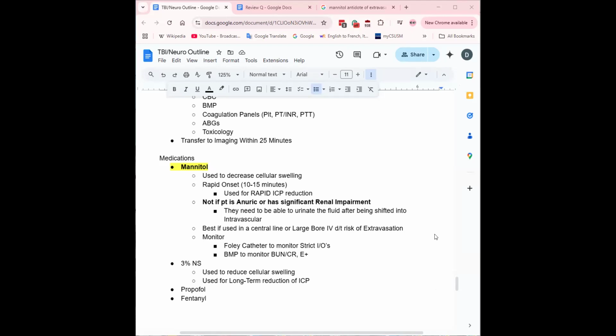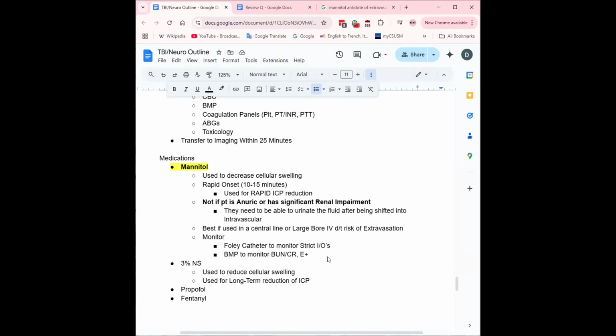So with these patients, you're also assessing lung sounds, because essentially this is going to be pulling things into the intravascular, and then your body is supposed to be like, that's not supposed to be there, let's pee it out.